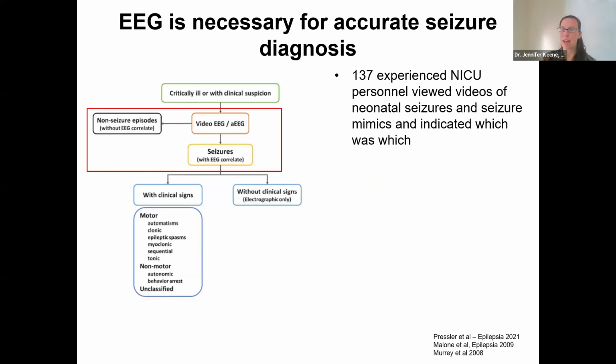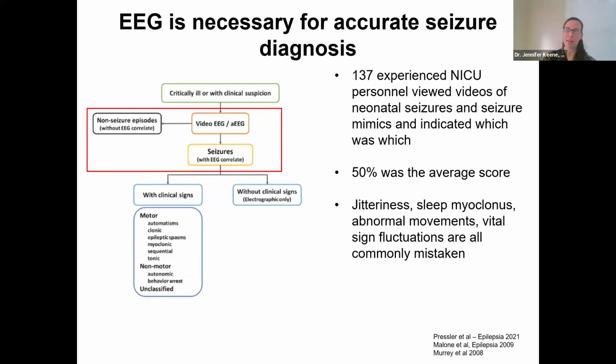In a now classic study, when Malone et al. asked 137 experienced NICU personnel to review videos of seizures and seizure mimics, the percentage that they were correct about whether or not the baby was actually having a seizure was 50%. Flip of a coin.